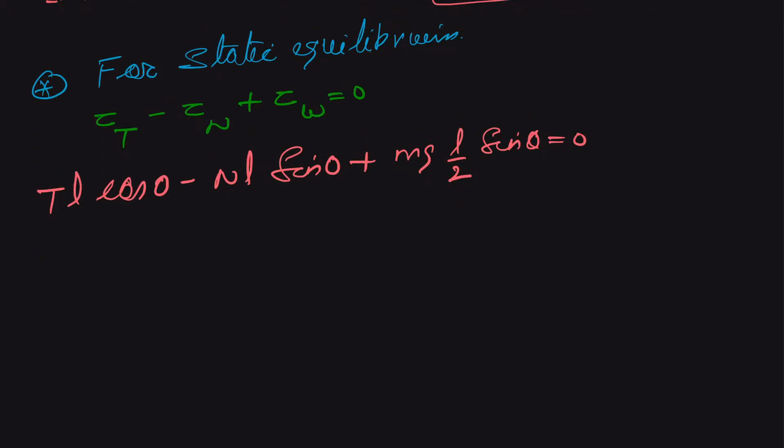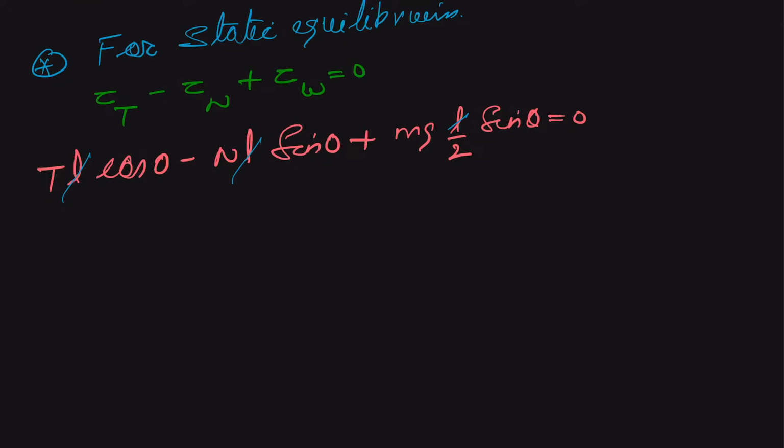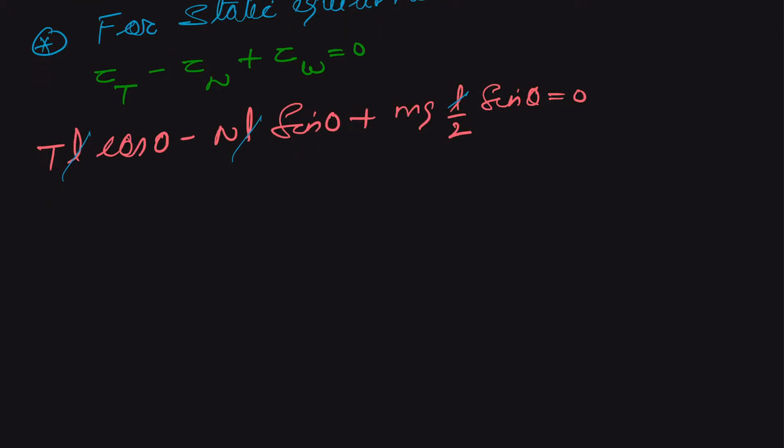And we can simply do away with this L, and we are going to keep this equation as it is and solve it later on. So let me rewrite it. So this comes as T cos of theta minus n sine of theta plus mg by 2 sine of theta is equal to 0.